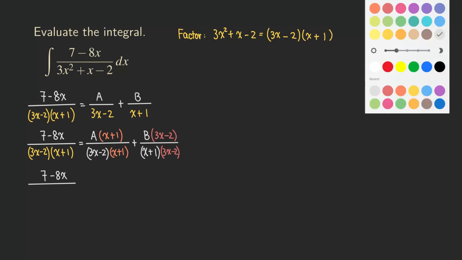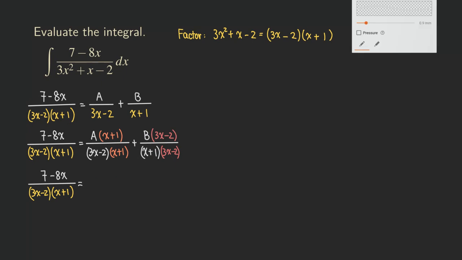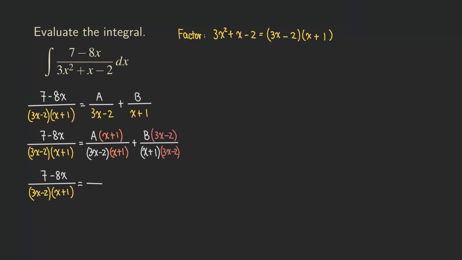So what do we get? We have the 3x minus 2, then x plus 1. And then on the right hand side, this time, do you see that they have the same denominator? So all we need to do is to put it as a single fraction now.